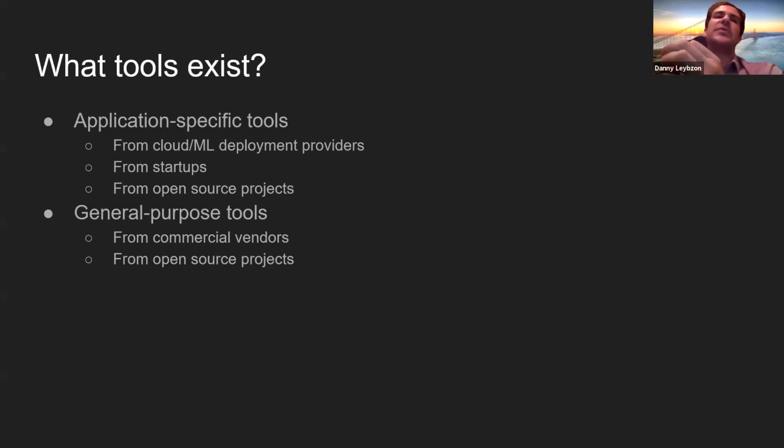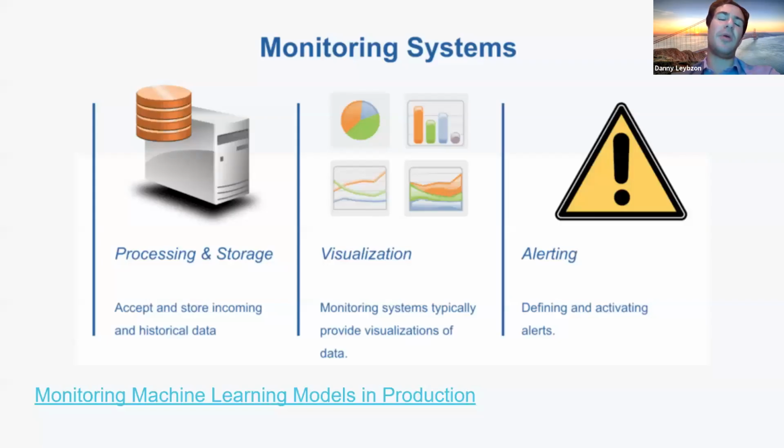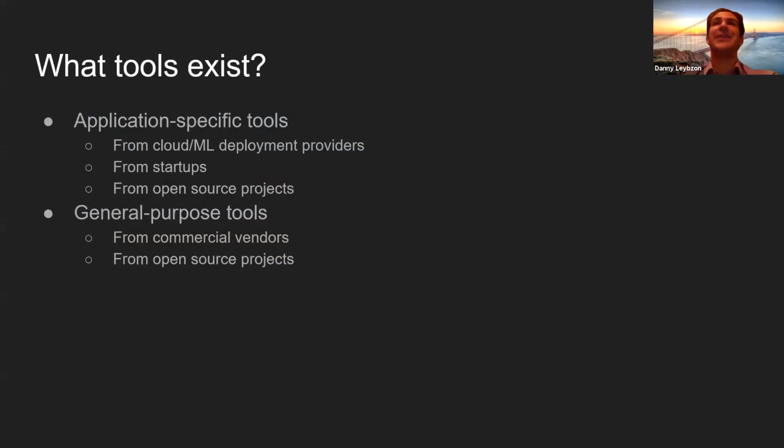So if you're looking specifically for a tool to monitor only your machine learning model rather than your application in general, I would recommend starting with these startups rather than with cloud ML deployment providers like Azure or GCP or AWS. There's a more in-depth list of these startups in this blog post that I linked to over here, monitoring machine learning models in production. But again, to name a few, Fiddler Labs is one that I'm connected with, and they do really good work. And then Superwise seems to be doing really cool stuff too.